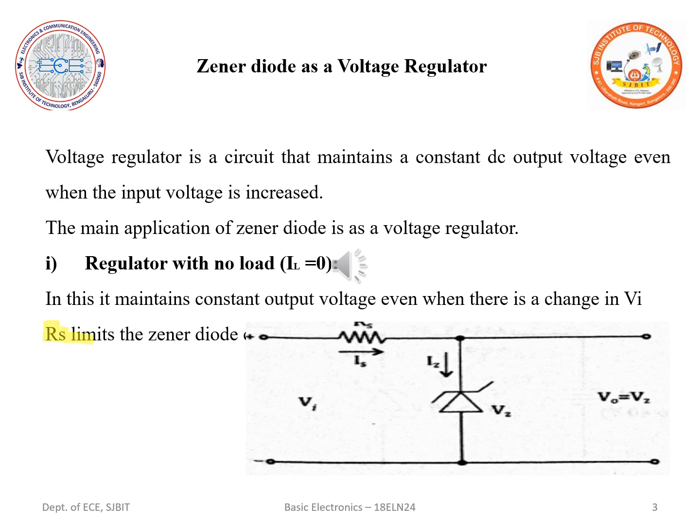This is your limiting resistance, which limits the current that flows from the input VI. No matter how much I increase the current across my input, the limiting resistance RS limits the current across the diode. As a result, I can expect a constant output voltage at the output side. This is with respect to the no load condition.